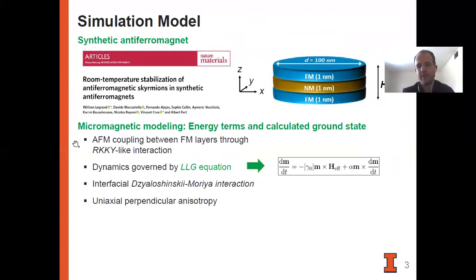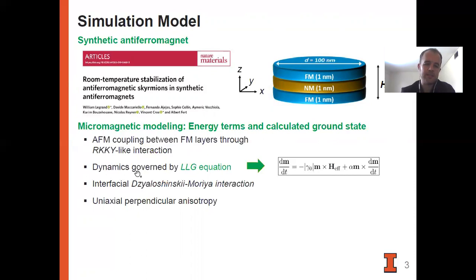So what we have done is also micromagnetic modeling, and for that I want to just briefly introduce how that works and which kind of energy terms are the most important here, and which ground state we observe.